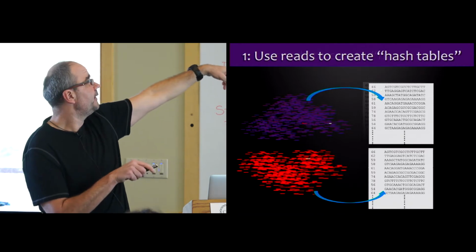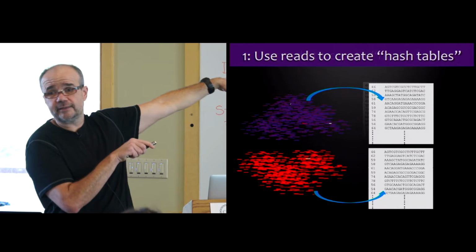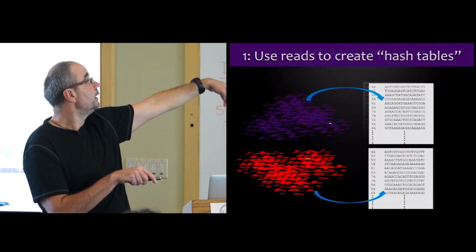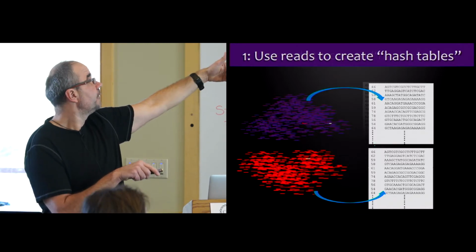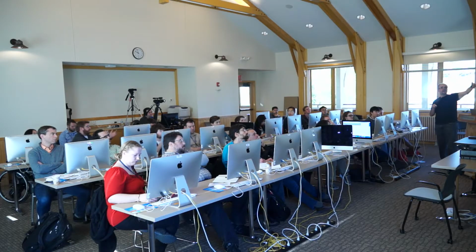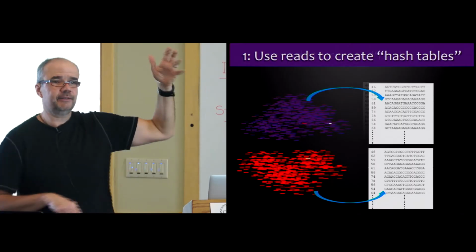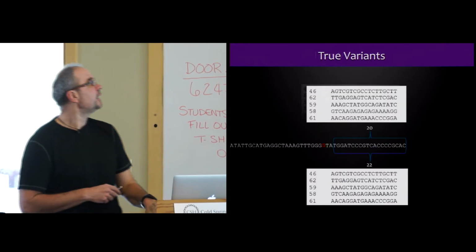Maybe this first one, AGT, CG, is present 46 times in this sample and 46 in the other sample. But then this one is 54 times in this sample and 58 times in that sample, so some different amounts.